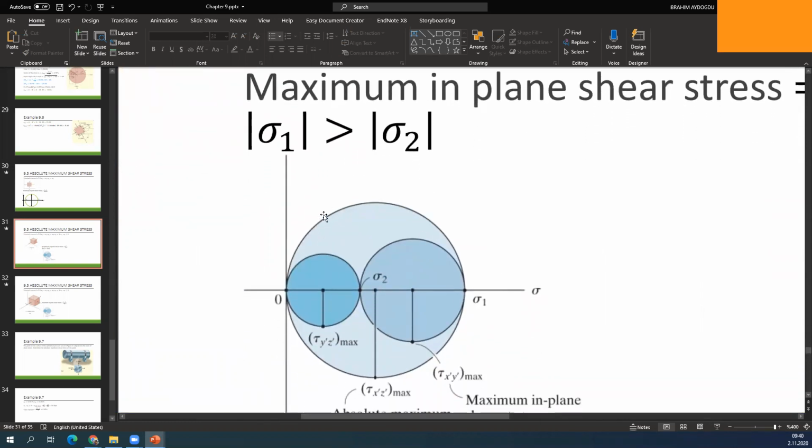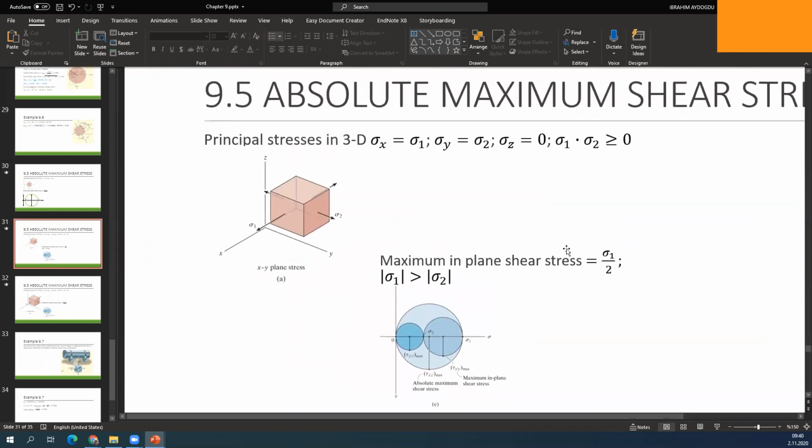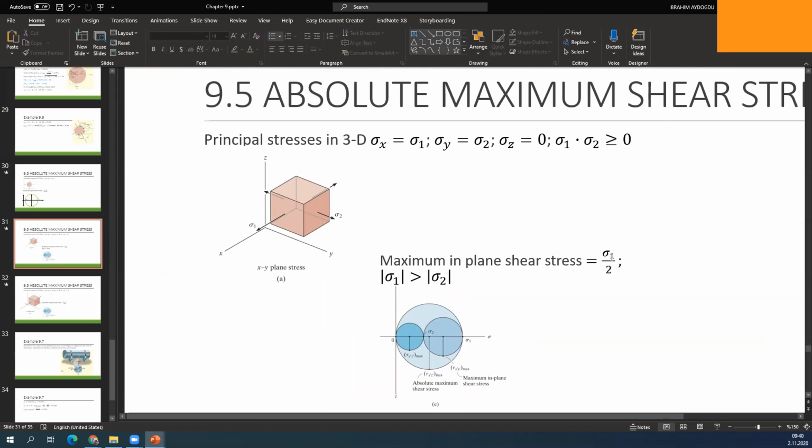If the radius of this circle is half of sigma 1, I can easily write the maximum stress is sigma 1 divided by 2. My assumption is sigma 1 is bigger than sigma 2. If sigma 2 is bigger, you can change the formulation to sigma 2 divided by 2.